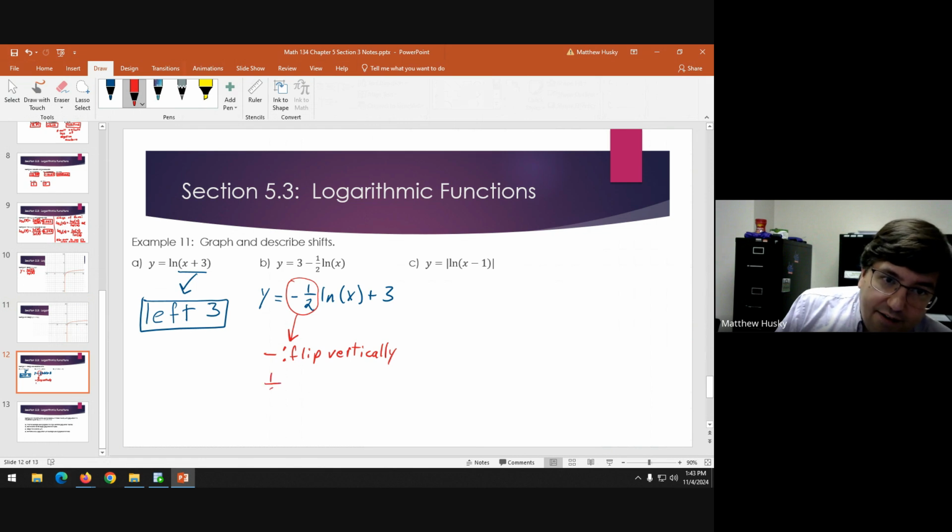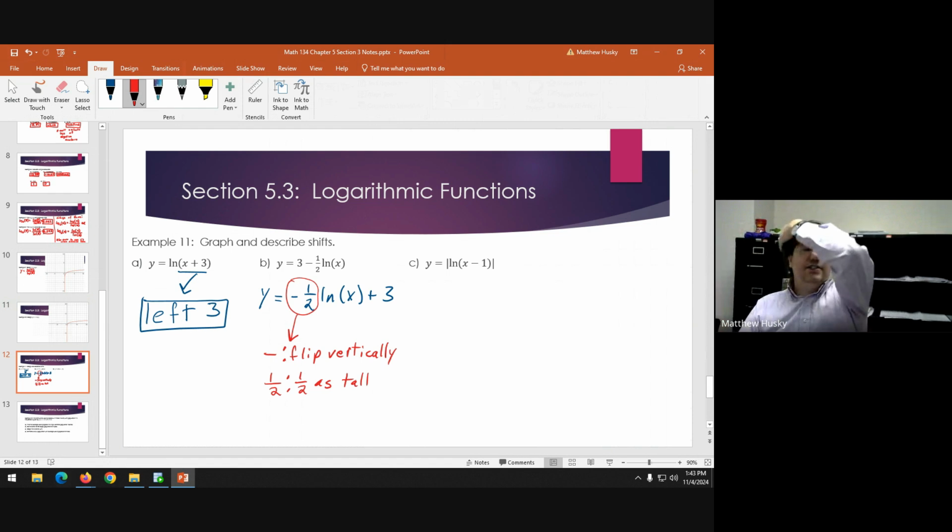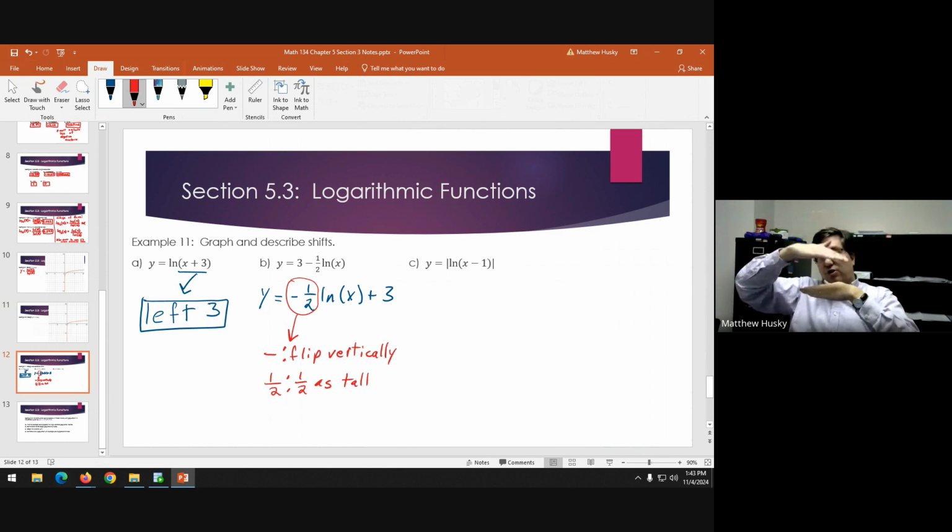The 1/2 is going to make it 1/2 as tall. When you change something with the y, it does changes to the y direction. So that'll be taller or shorter. And the nice thing about changing y is that what you see is what you get.